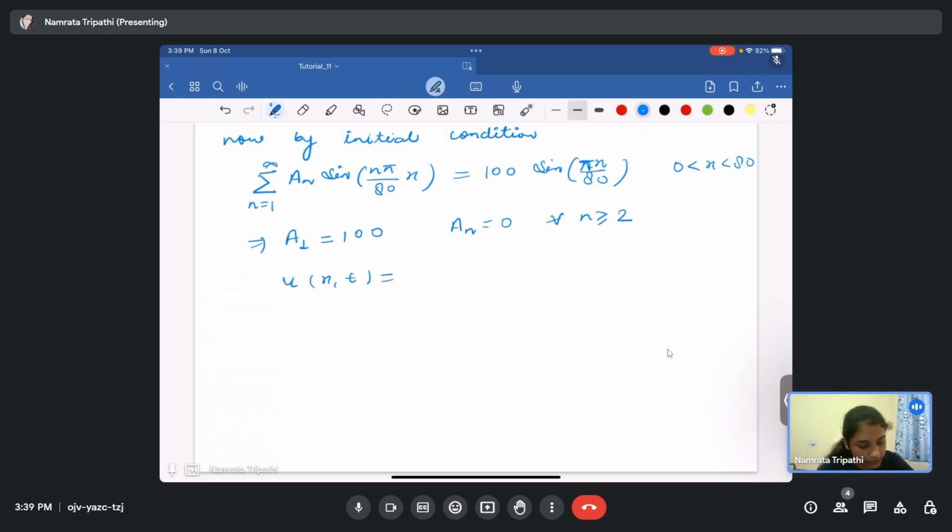So what will be the solution? a1 sine πx upon 80 into e to the power minus 1 π square alpha square upon 80 square into t.